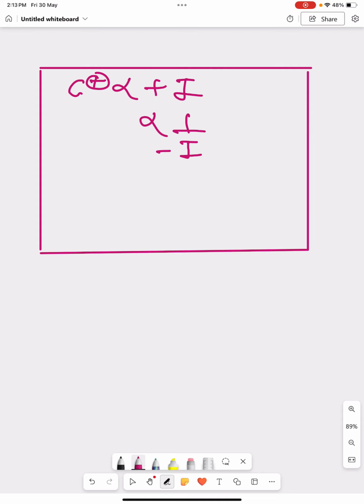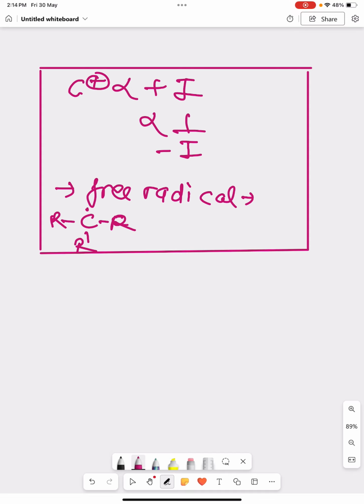The factors are the same for free radical. Free radical. Now, as you know, a free radical is also an electron deficient species.